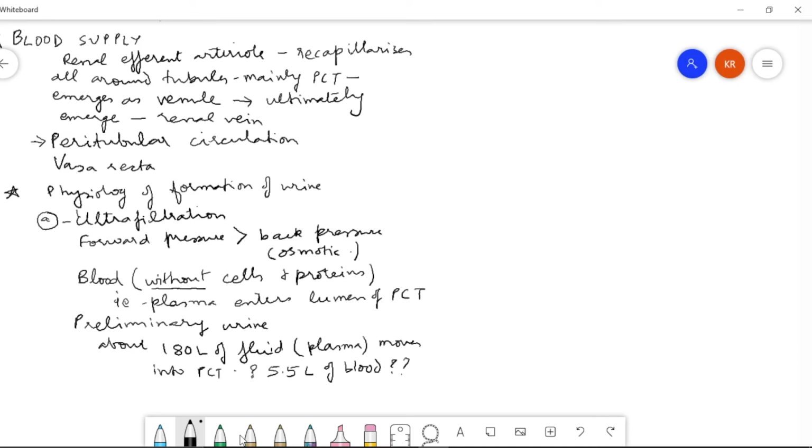Which means that a lot of the blood, that is more than 99% of plasma, is returned back.